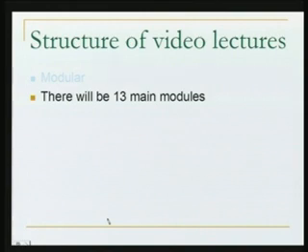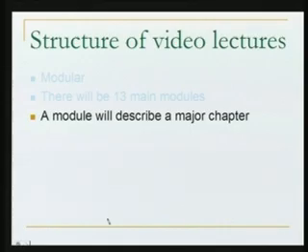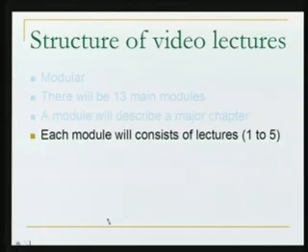In all we have defined around 13 main modules, and in all these main modules there will be further chapters. So, a module is basically a major chapter in basic surveying. There are 13 basic chapters, and in each chapter there will be further lectures, 1 to 5.